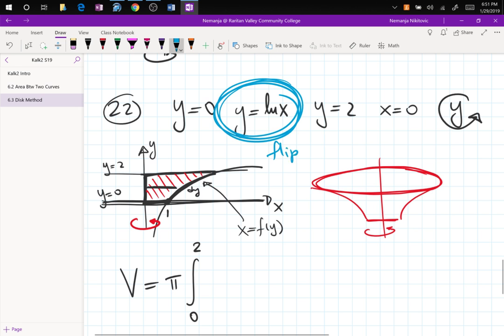Solve it for x. So how would you fish x out of ln? E both sides, very good. So we'll have y equals ln x, and then we e both sides. So we are getting that x is equal to e to the y. So this is e to the y squared dy.